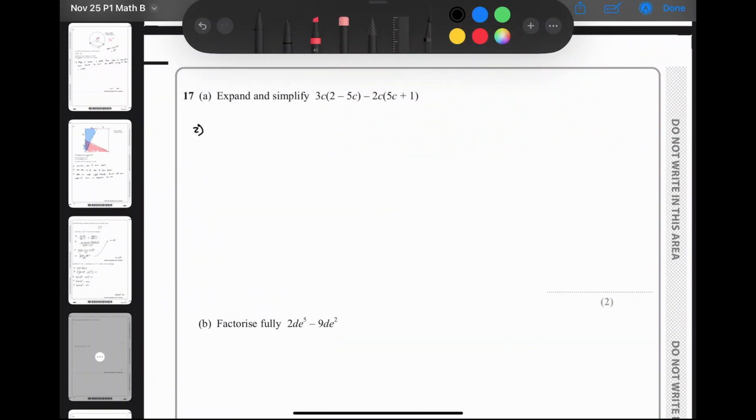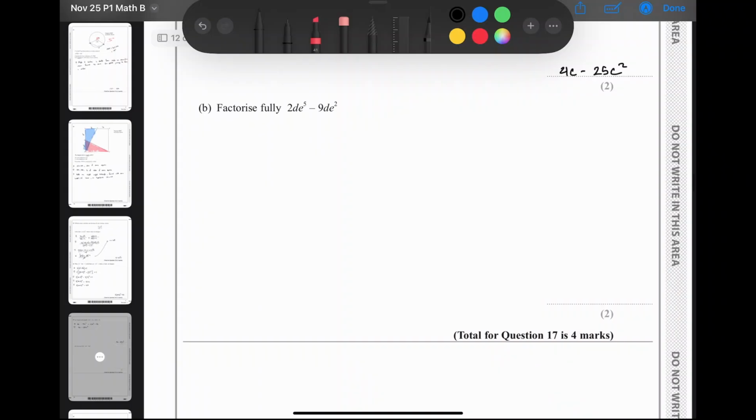For question 17, we need to break the brackets and simplify the equation. For b, we need to take common factors from the equation and form a bracket. We can take a d and 2e from this equation.